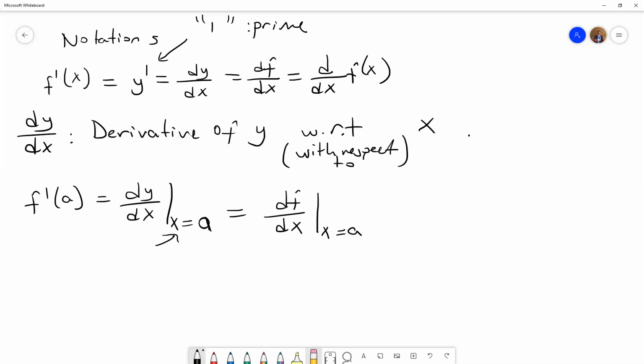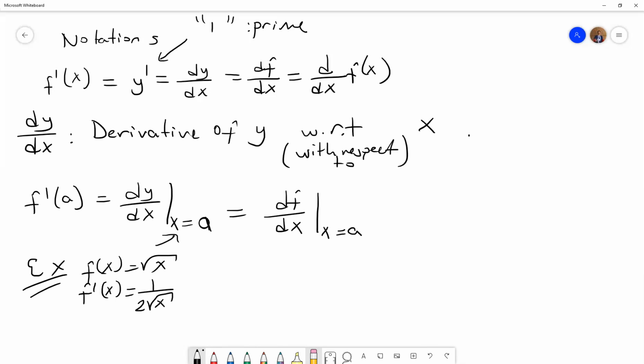Now let's use the previous example for this one. Which one is our previous example? It is f(x) is equal to square root x, and we try to find f prime x. So we know that it is 1 over 2 square root x.